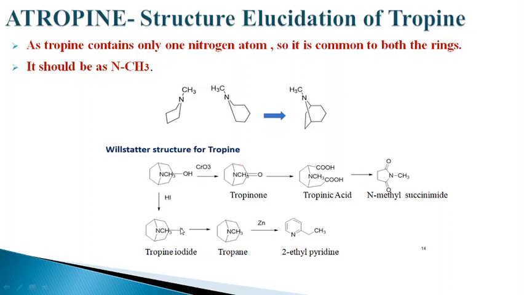You can see the iodide has been replaced by H, and this reduction converts it into tropane, which on zinc dust distillation converts into a well-known compound, 2-ethylpyridine. This means that the piperidine ring is present in tropane. Thus the formation of 2-ethylpyridine is explained by this Willstatter structure.